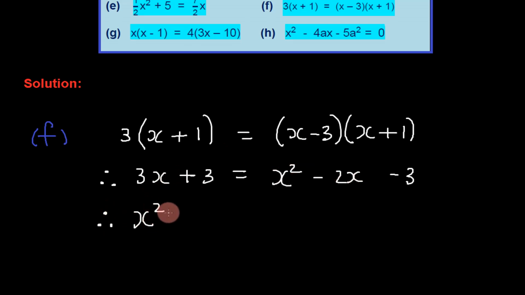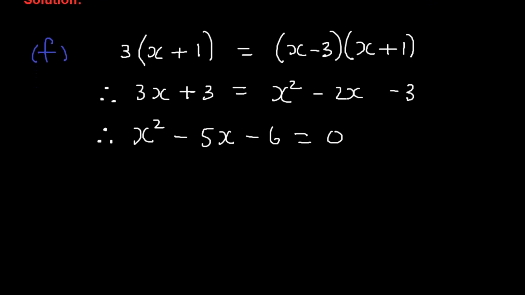So we have x squared, then negative 2x minus 3x is negative 5x, and negative 3 minus 3 is negative 6. Now the equation is in standard quadratic form, and we can use the cross method.